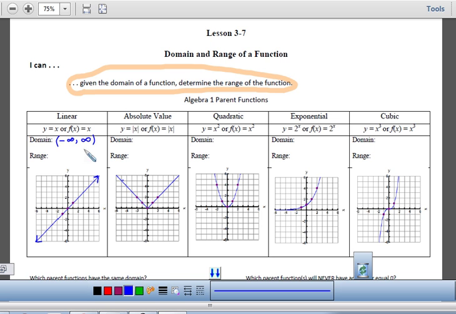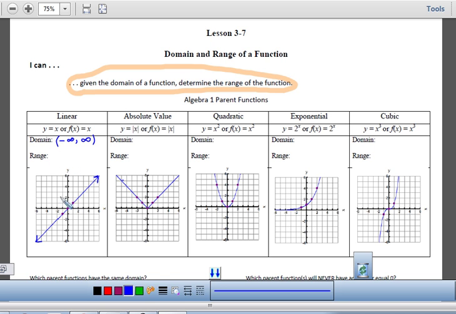Now, this is interval notation. This is not the point negative infinity, positive infinity. This is interval notation saying that x is greater than negative infinity and less than positive infinity. We could say the same thing about the range.